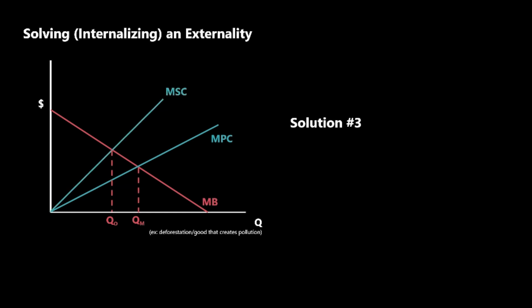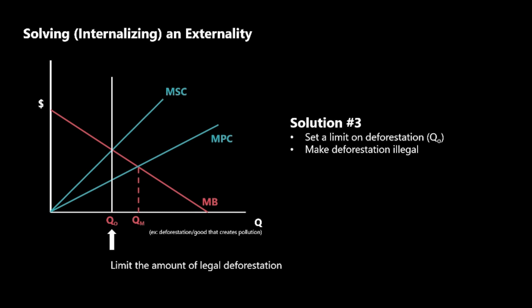Finally, solution number three focuses on setting a limit for deforestation and or making deforestation illegal. So if we were to set a limit on deforestation, and we are aiming for that target of QO, we could set a limit and make it illegal for landowners to deforest anything past that point.